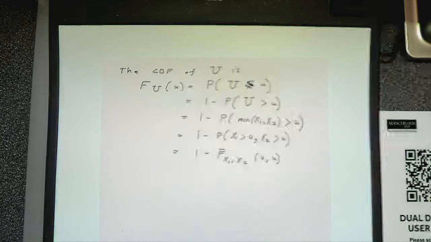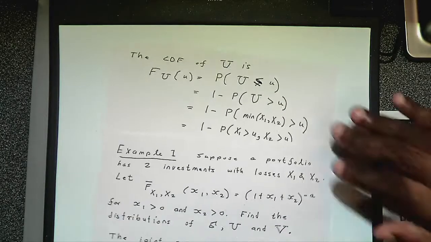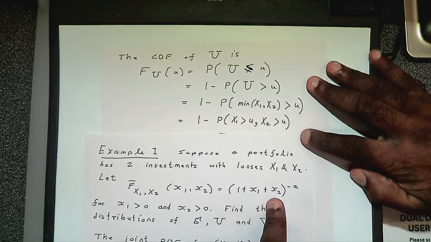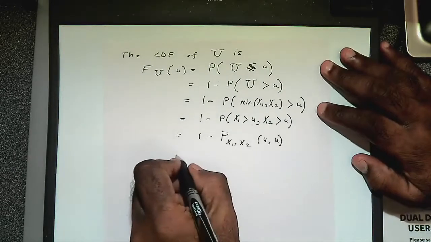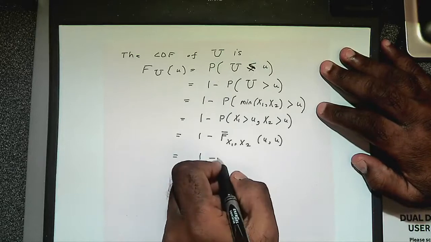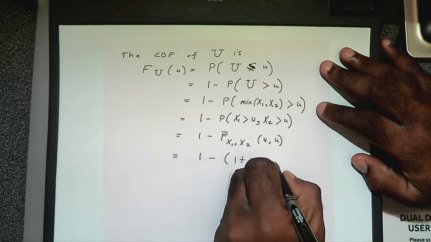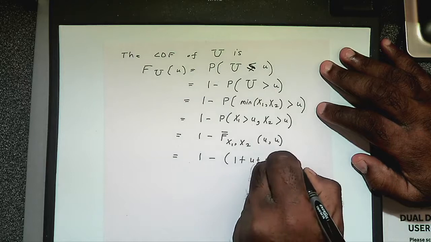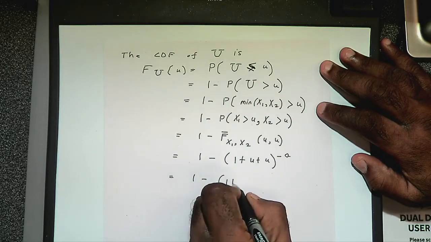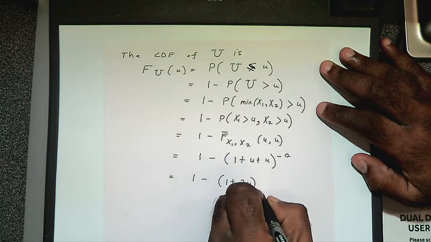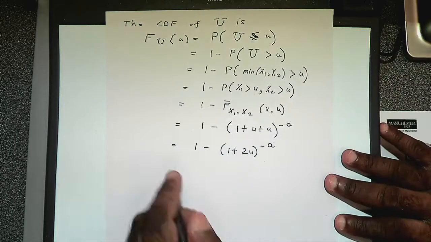Yeah. Now if you go to the example, it actually gives the joint survival function as this, right? So basically this is 1 minus 1 plus U to the power minus A, which is 1 minus 1 plus 2U to the power minus A. All right?